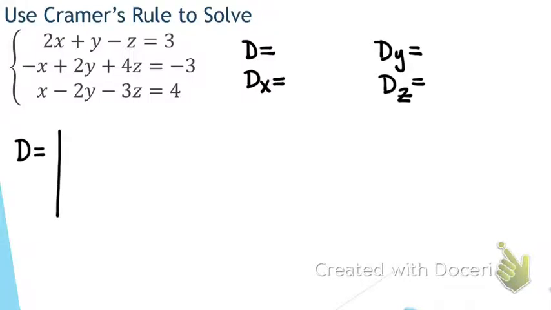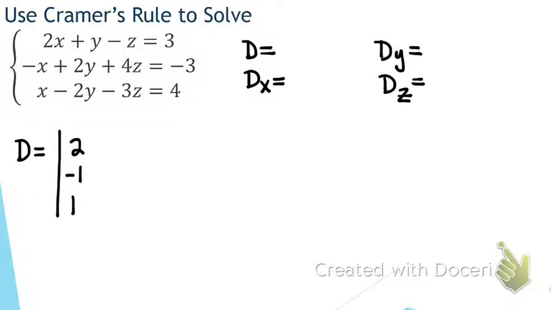So my coefficients of X will be in the first column of my matrix. So that would be 2, -1, +1.